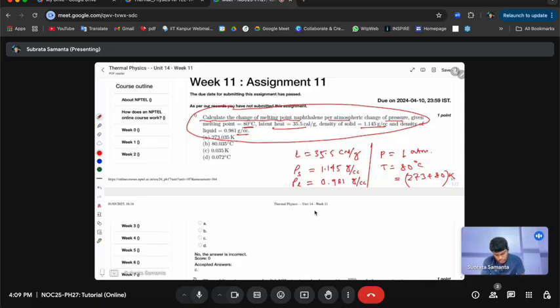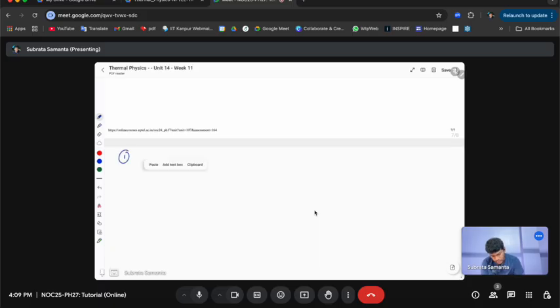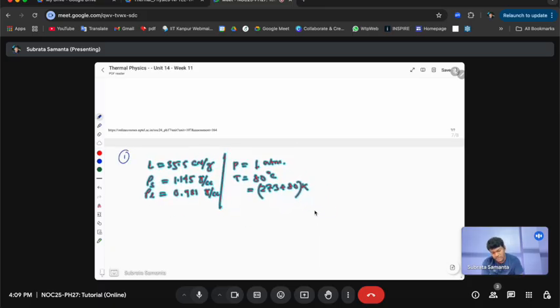So how to calculate this? Let's first copy the data. This is problem number 1. These data are given: latent heat, pressure and temperature.